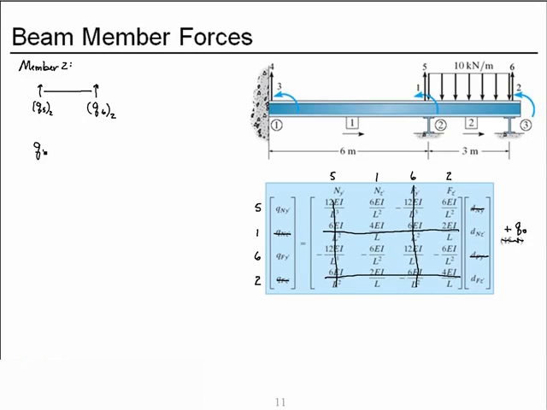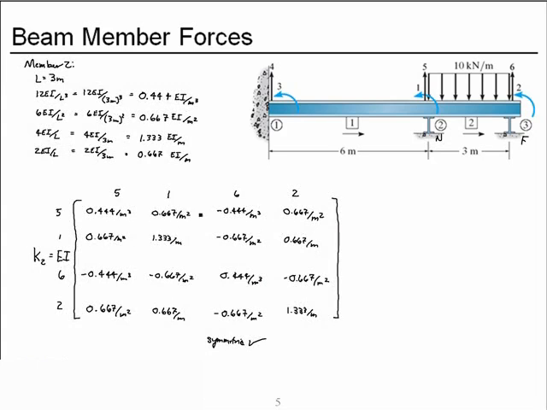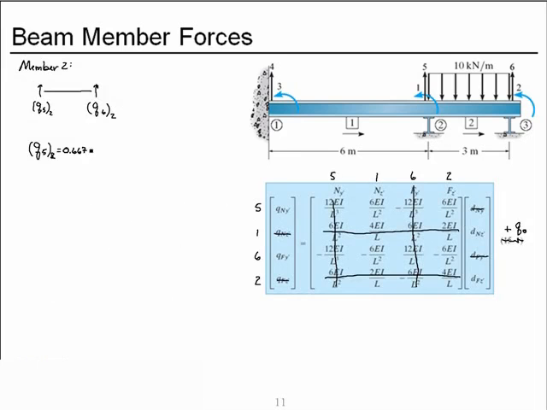And so let's write out finding the left end member force, the shear at the left end first. 6EI over L squared for member 2 is 0.667 EI per meter squared, and that's times deformation at degree of freedom 1, which we found to be this, then we add, again, 6EI over L squared, so we have 0.667 EI over meters squared.